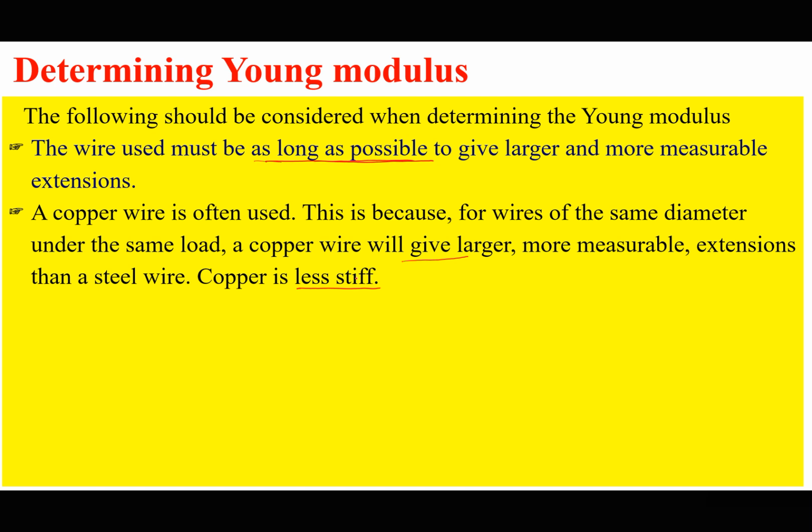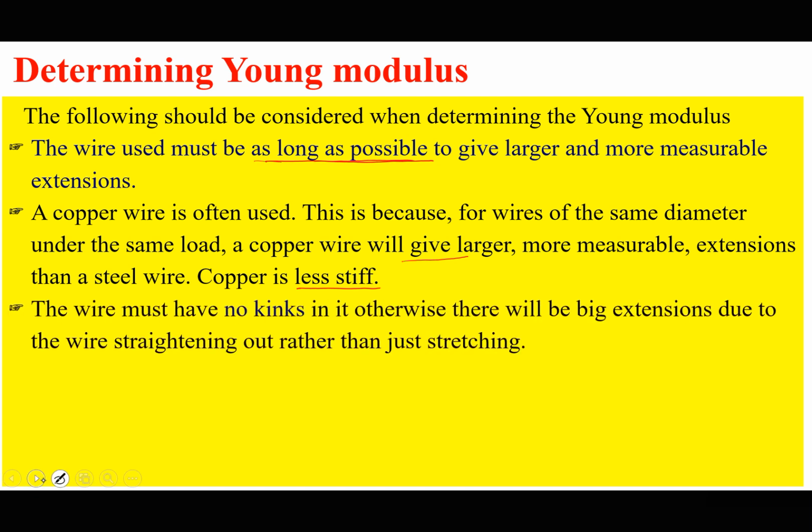Number three, when you are carrying out the experiment, make sure the wire has no kinks, that is bendings, before even loading. That's why we attach a mass at the other end to stretch the wire so that it is taut. If the wire you are using has these kinks, which are foldings, then when you load it, instead of stretching, the kinks just unfold to give an exaggerated extension.